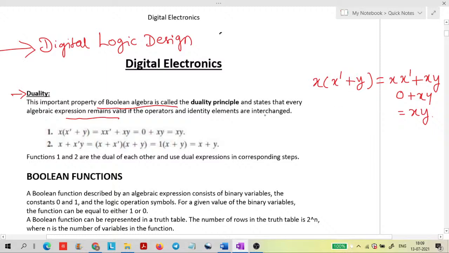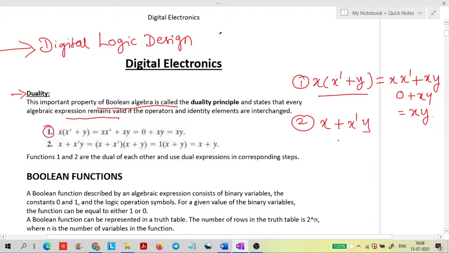Okay, the functions 1 and 2 given here are dual of each other. For example, here I have taken x into (x bar plus y). Okay, so there is one more function, x plus x bar into y.